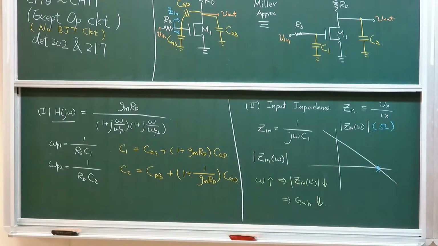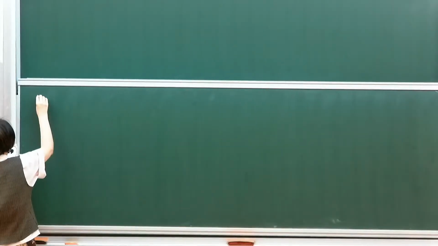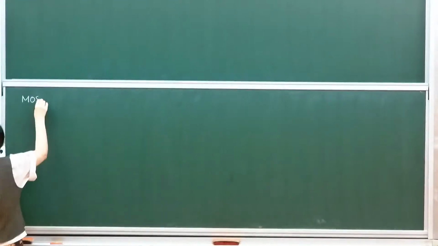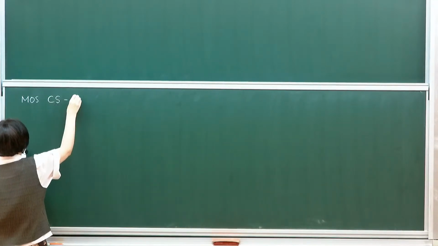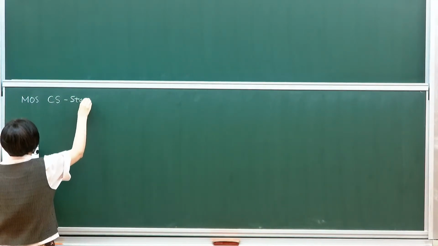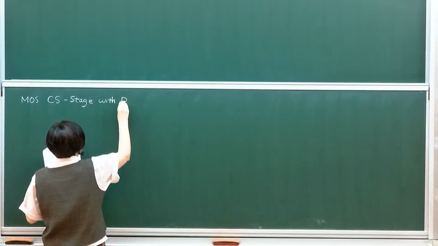So for a common source stage, I would like to go through an example. Let's consider an example, something like this. It's a MOS common source stage with diode connected load.